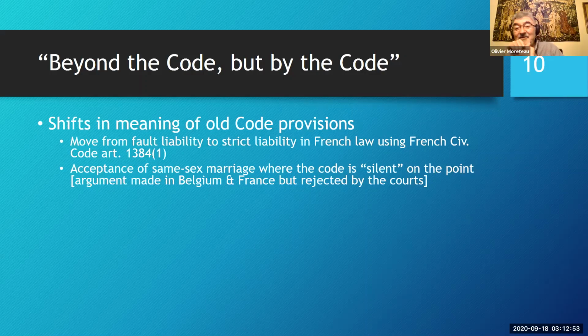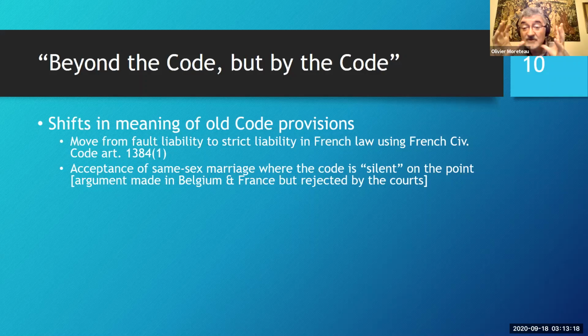Another example that had been floated a few years ago, less successfully though, is, when the idea of same-gender marriage came, took the stage, some say, but look, the French Civil Code never mentions that you must be of opposite sex or gender in order to marry, okay?